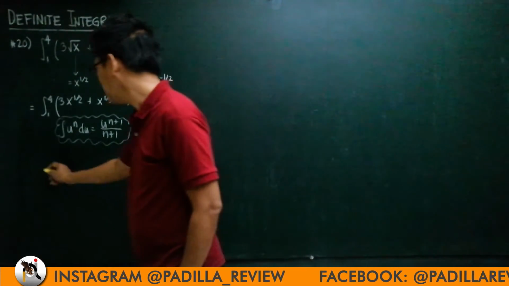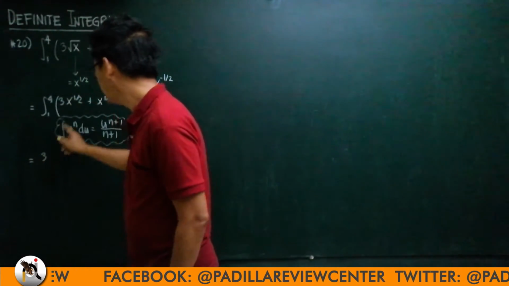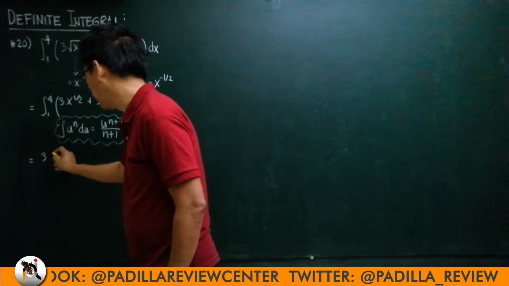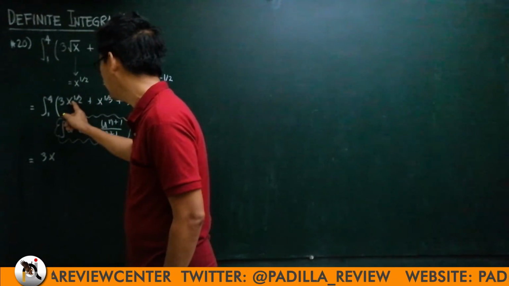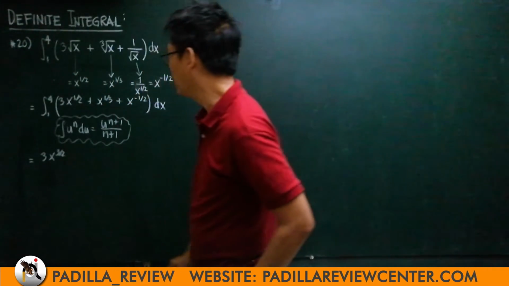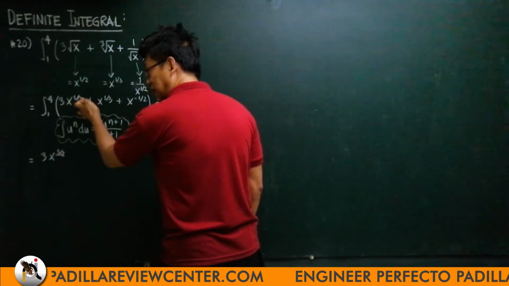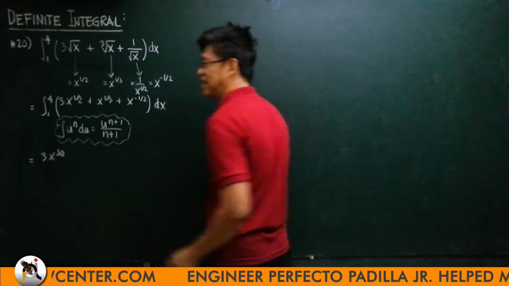So this is going to be equal to 3 times the integral of x to the 1/2, which is x to the 1/2 plus 1, that is 3/2. What was our shortcut here? 1 plus 2, 3 over 2. That's it.